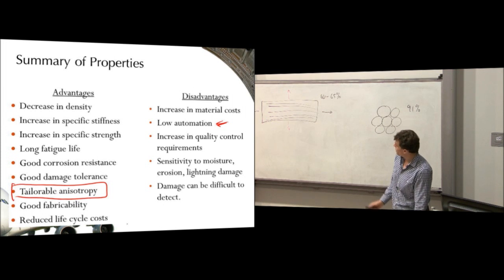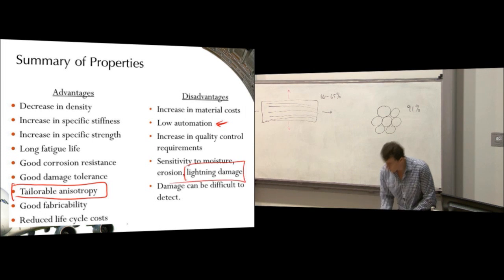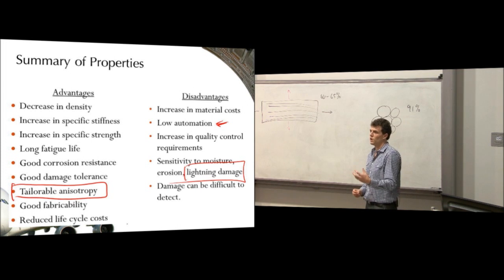One other thing, which is sort of at the back of here: lightning damage is a bit of an issue for composites. They are solving that a little bit, but composites are conductive, but only the fibres are. The resin generally isn't. So if you do get a lightning strike, you've got these little fibres that are very conductive because carbon is highly conductive, but between the fibres it's not so much.